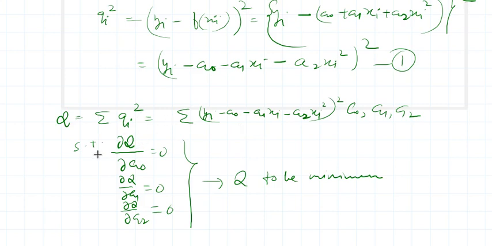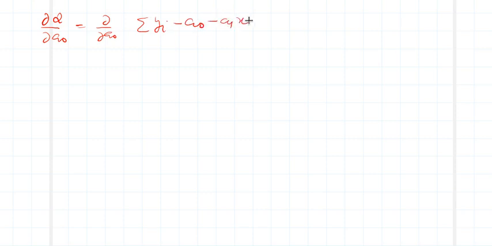So let us try to evaluate these three quantities separately, one by one. Let us first find curly q over curly a naught, which means curly over curly a naught of summation yi minus a naught minus a1xi minus a2xi square, whole square.